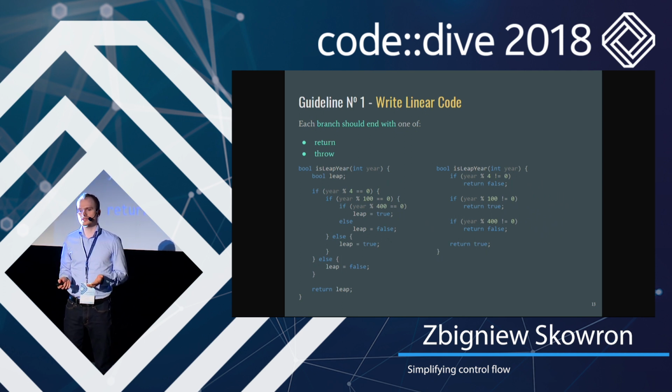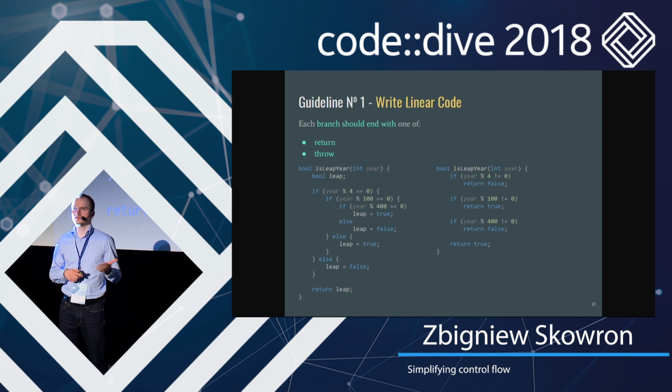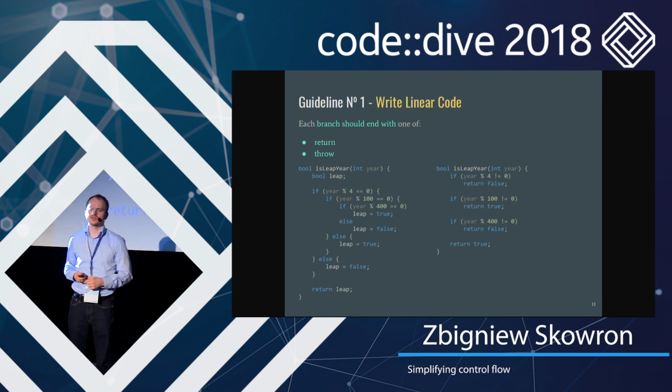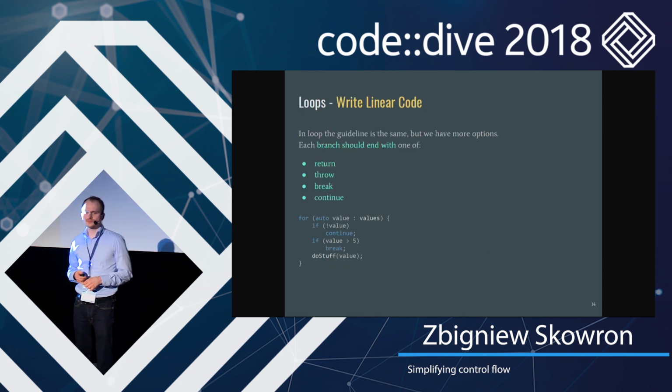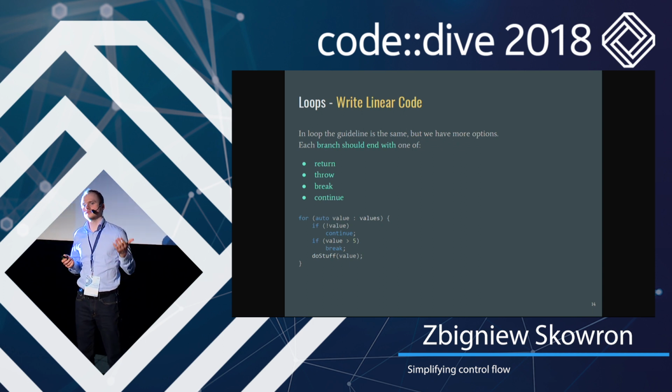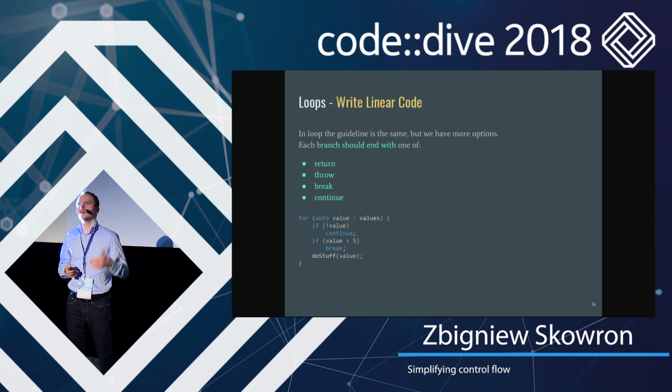When we write like this, we often get rid of nesting that is unnecessary, conditions that are unnecessary, and state in functions that is unnecessary, like this lib variable in the example. Inside loops, like I said, we can also use breaks and continues. They also simplify our code inside loops and make it easier to reason about.